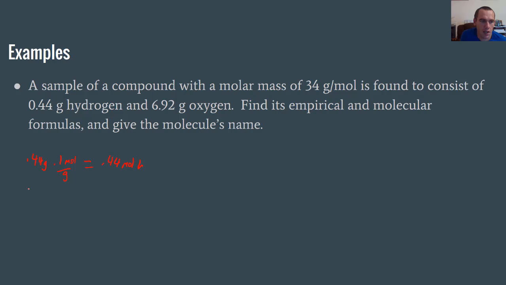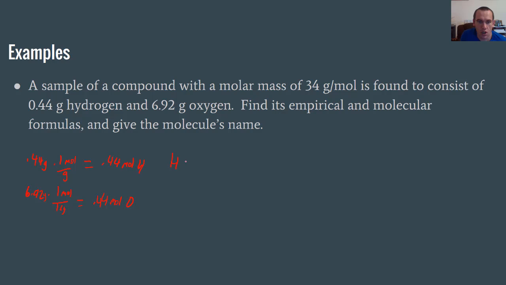Now, oxygen, we have 6.92 grams of oxygen, and remember, its 1 mole is 16 grams, so our grams are going to cancel, and we get 0.44 moles oxygen. This is the same as hydrogen, which means we actually have a 1-to-1 ratio.